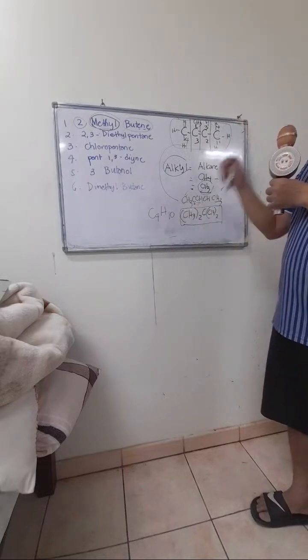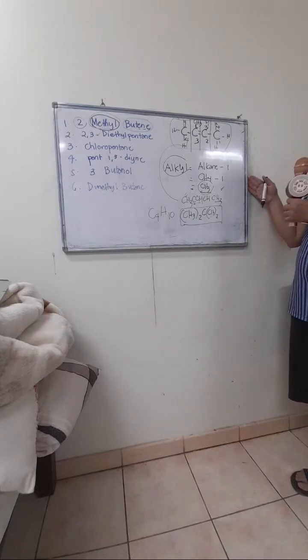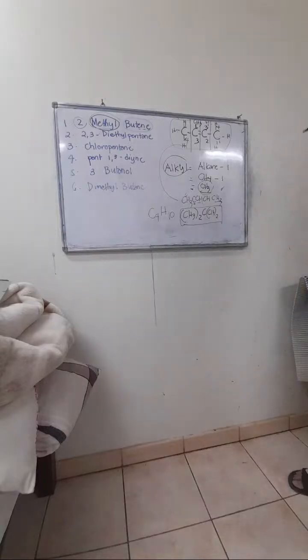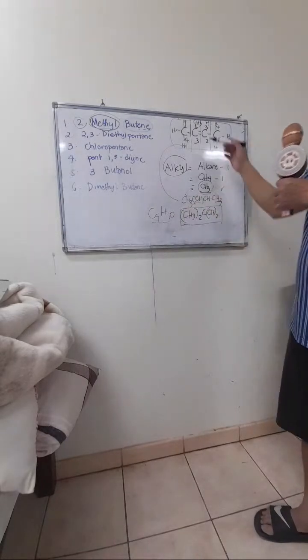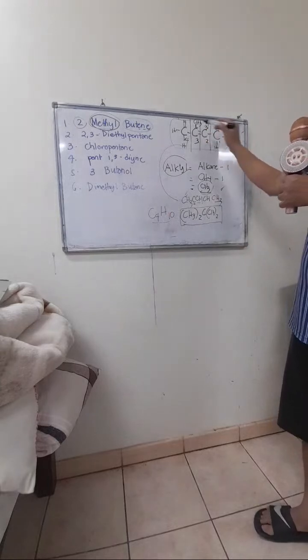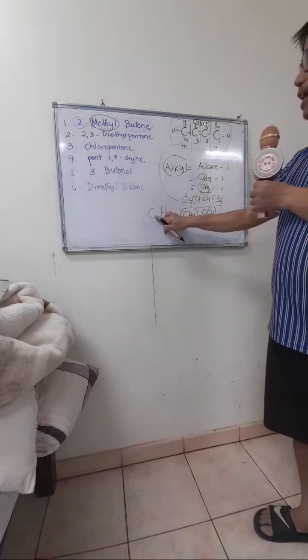Take note, in counting the carbon, you may include the carbon in the attachment. So you change your chemical formula: 1, 2, 3, 4 plus 1 at the attachment on carbon number 2, it will become C5.